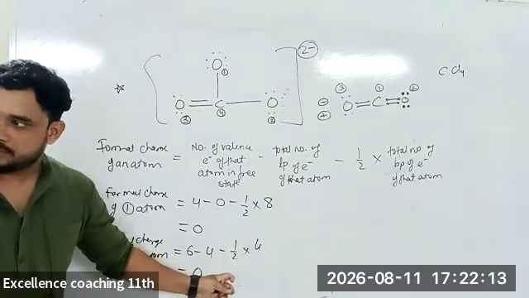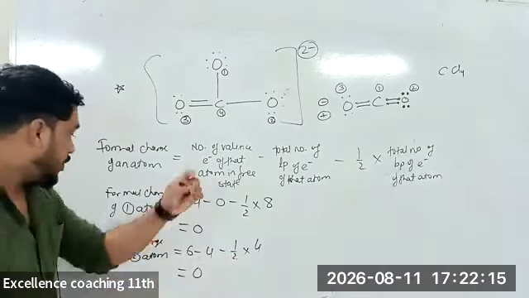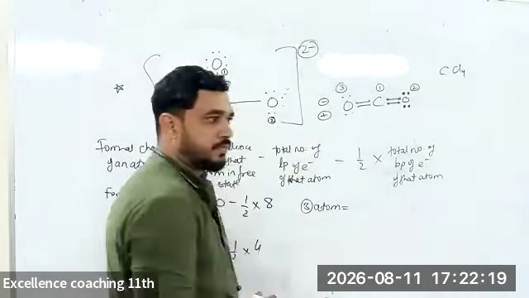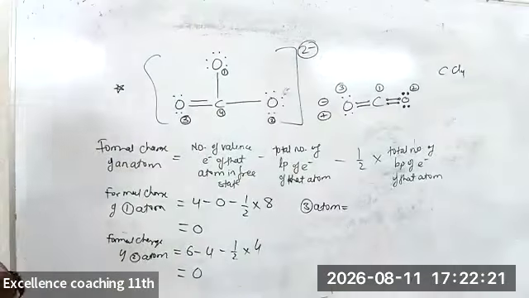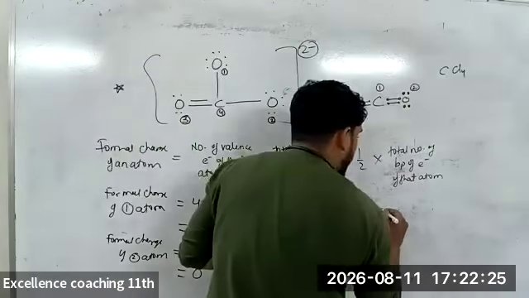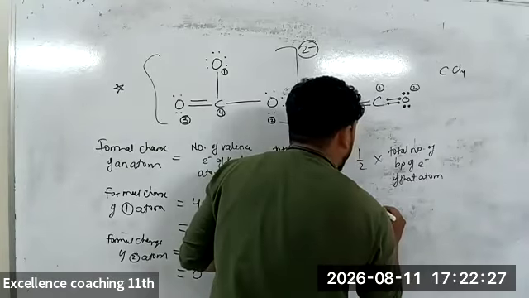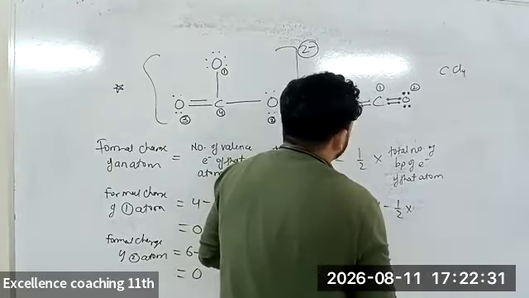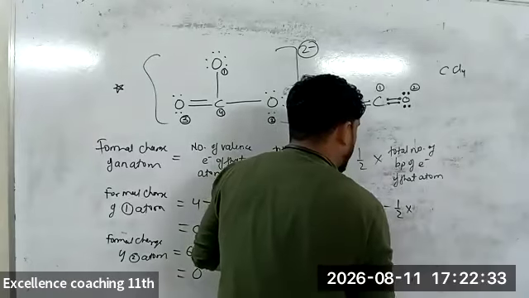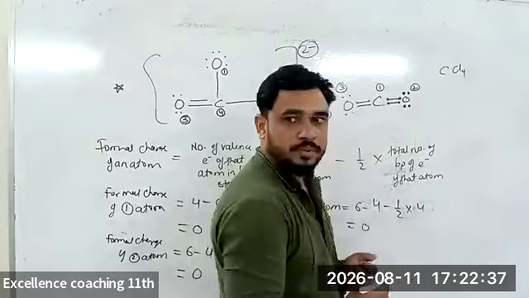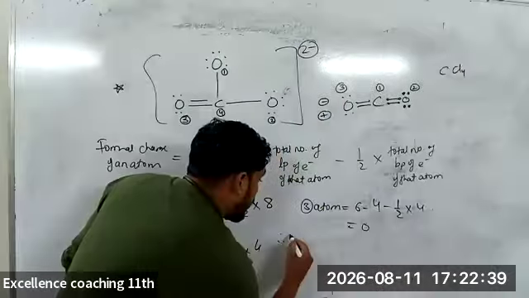Okay, correct. 0. Let's do the third atom. Which atom again? Oxygen. So let's write the formula. Number of valence electrons of that atom in the free state, 6, minus number of lone pair of electrons, 4, minus half into number of bond pair of electrons of that atom. Answer is 0.